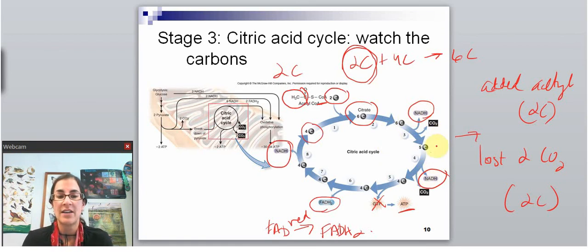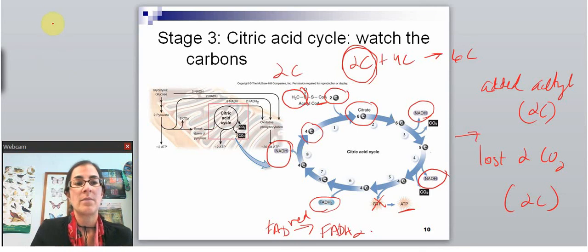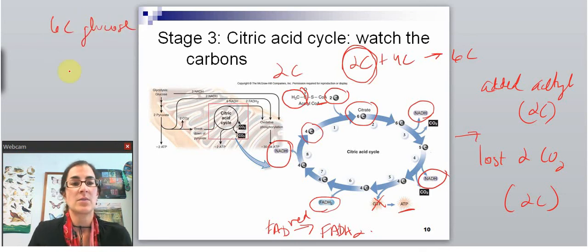I took all of the energy that was left in glucose and put it into either NADH, ATP, or FADH2. So at the end of the citric acid cycle, remember I started with a 6-carbon glucose at the very beginning of cellular respiration.